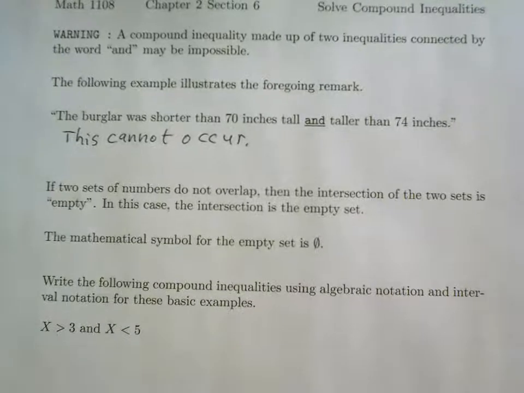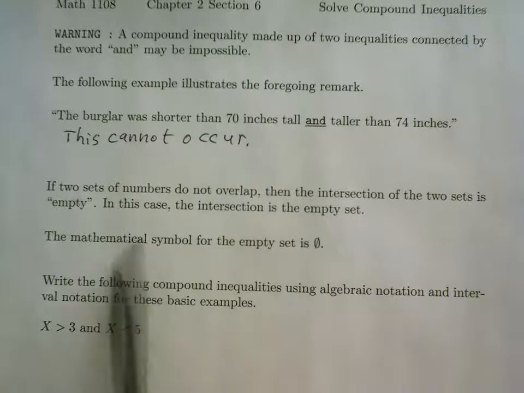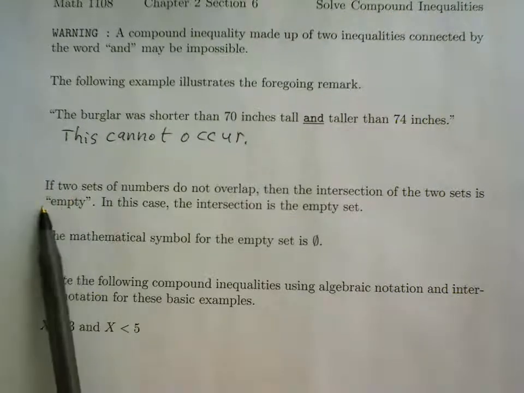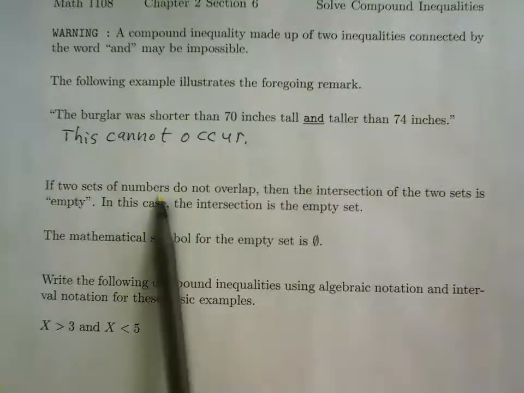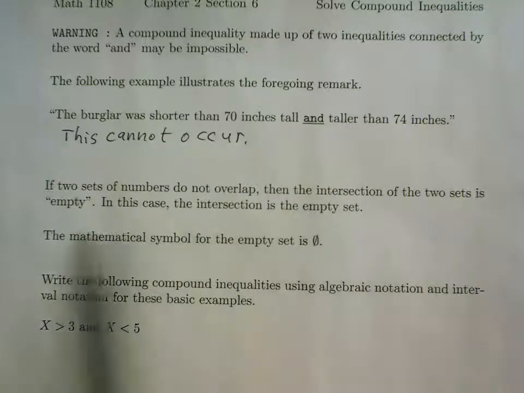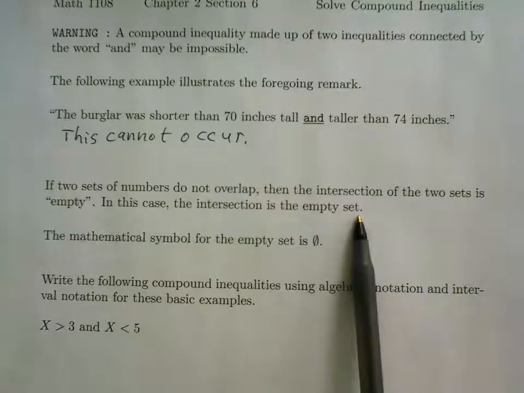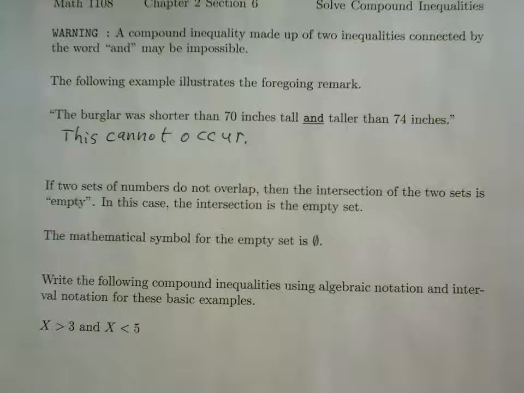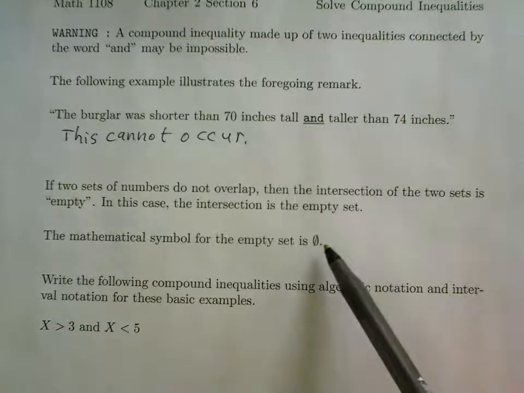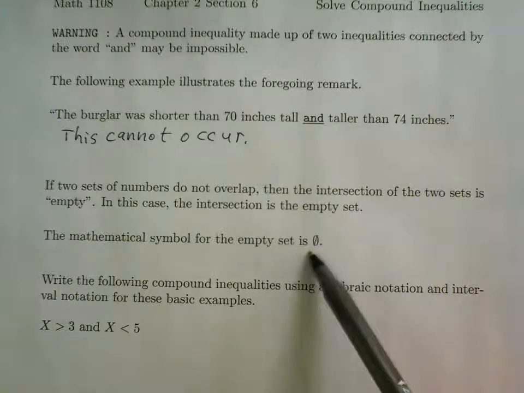Well, we have a way to deal with such situations in algebra. If two sets of numbers do not overlap, then the intersection of the two sets is empty. So in this case, the intersection is the empty set. The mathematical symbol for the empty set is the number 0 with a slash through it.